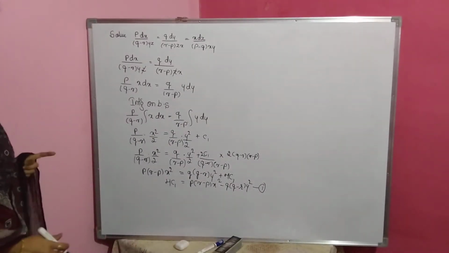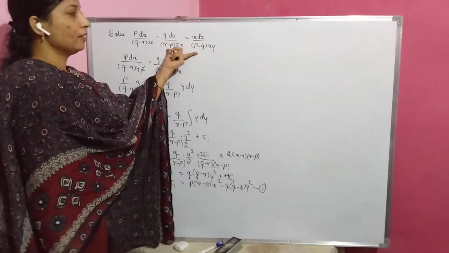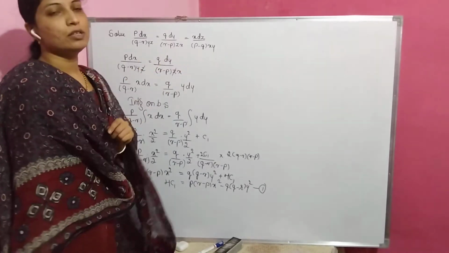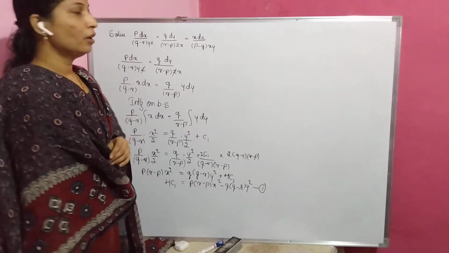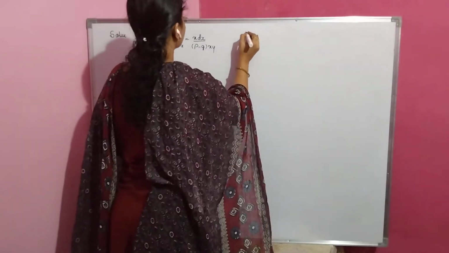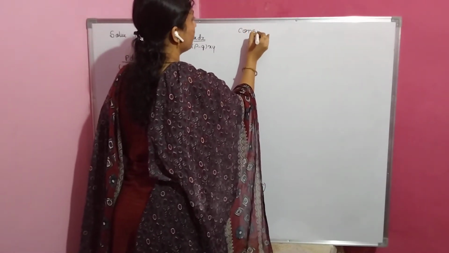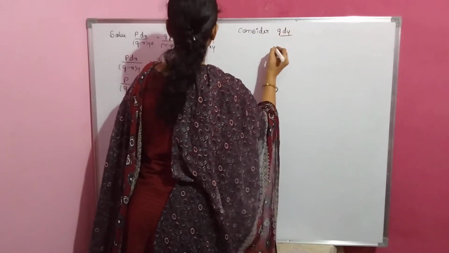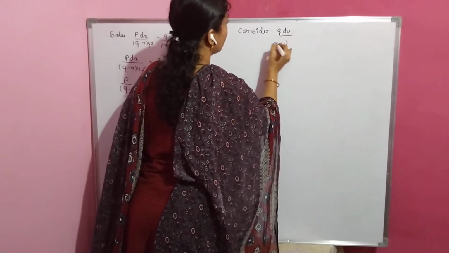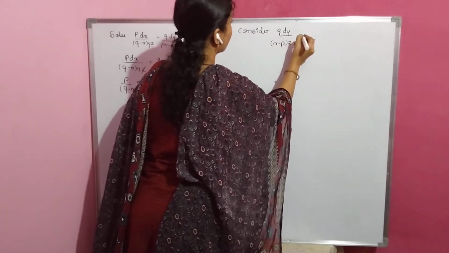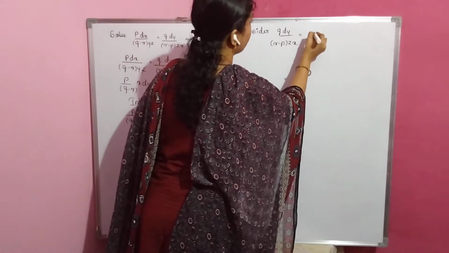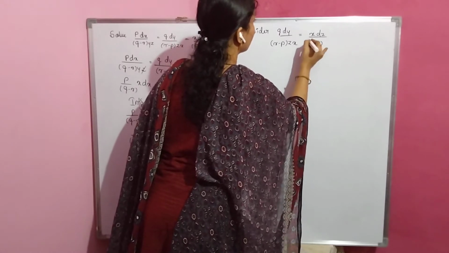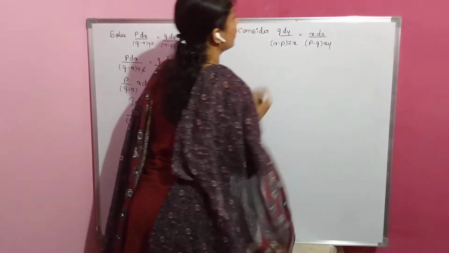Similarly, we have to solve using the other two pairs and find the value of the constant C2. Then it is the solution of the entire given equation. So again we have to consider the term Q divided by R minus P into ZX is equal to X dz divided by P minus Q into XY.